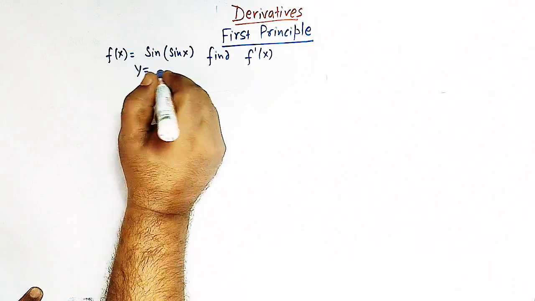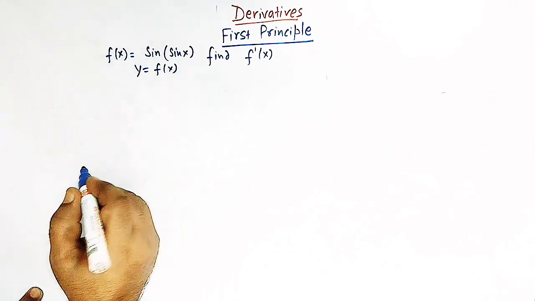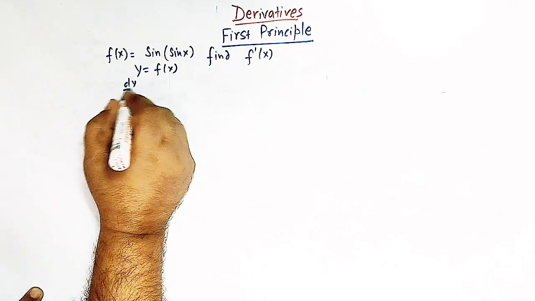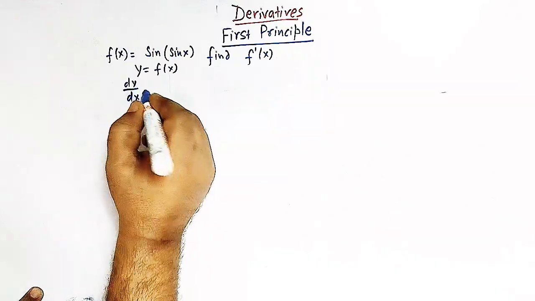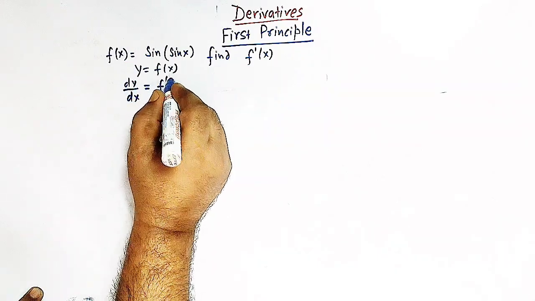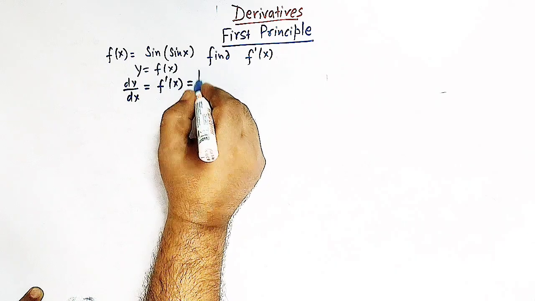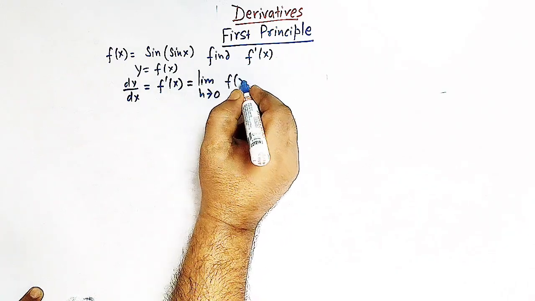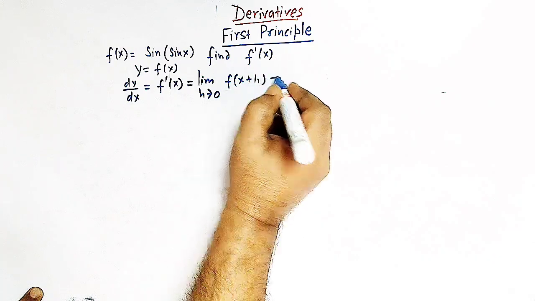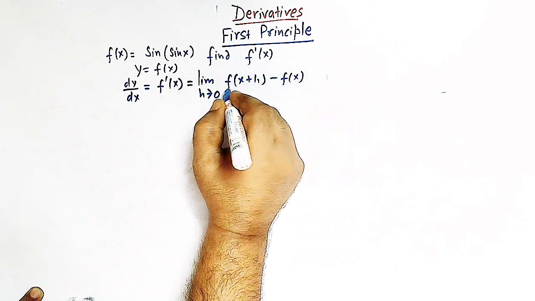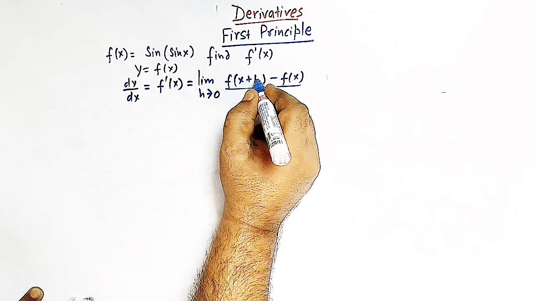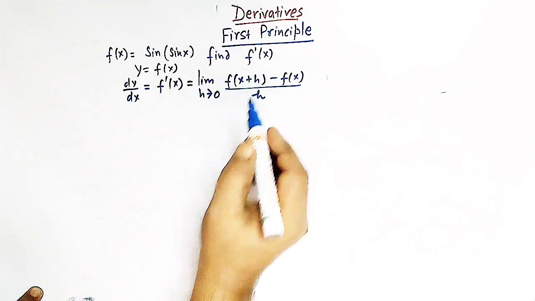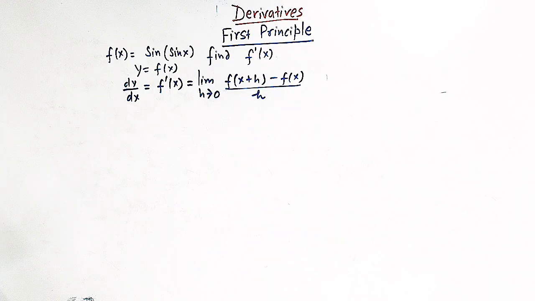Now see, if we have a function, say y is equal to f of x, then the derivative of y with respect to x, which is f prime of x, is given by this limit, that is limit h tends to 0, f of x plus h minus f of x divided by h, right? And here h is a very small quantity, which is infinitesimally very small, right?